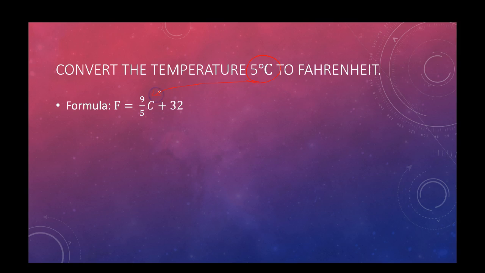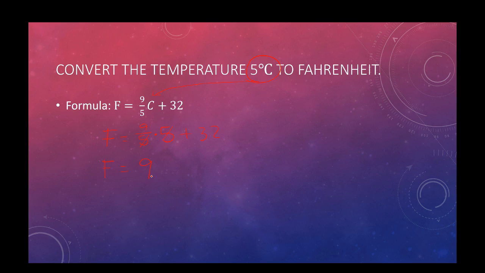So when I do that, the F stays. I have 9/5 times C. Well, now my C is 5, because that's what the problem states, plus 32. So I would go ahead and just solve that equation now that I only have one particular variable left, which is Fahrenheit. So 9/5 times 5, well, these cancel, that gives you a 9.